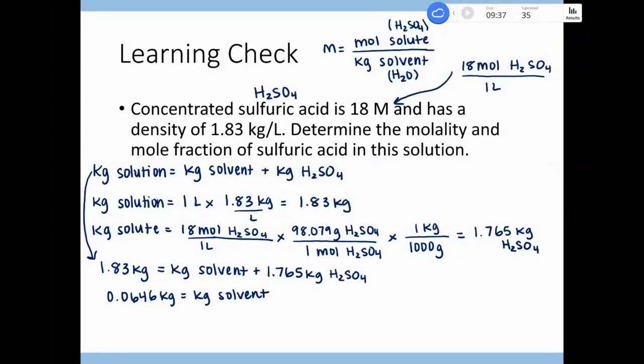So molality is 18 moles of the solute divided by total kilograms of solvent, 0.0646. That gives 279 molality.